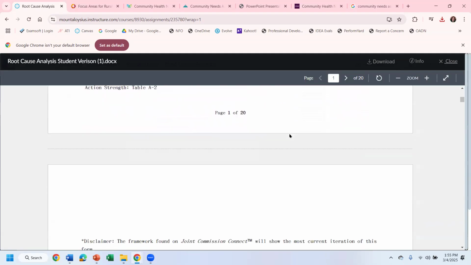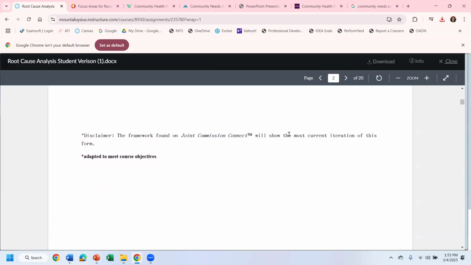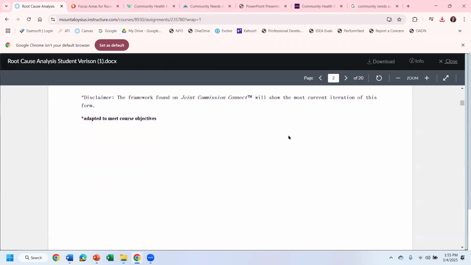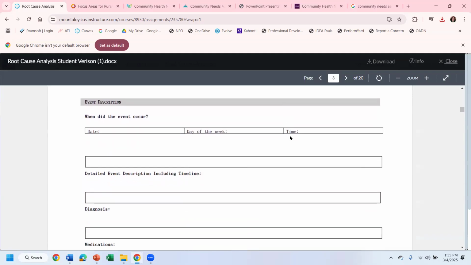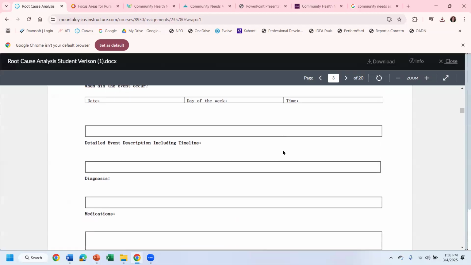So this document's taken from the Joint Commission. There's the disclaimer right here. And it is a student document to help you understand the process of root cause analysis. This first page, on page 3, actually, you'll fill out as much as you can on this document.